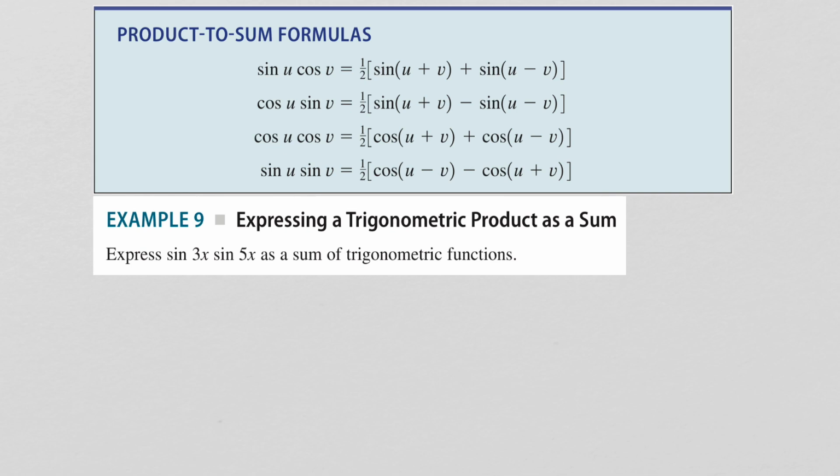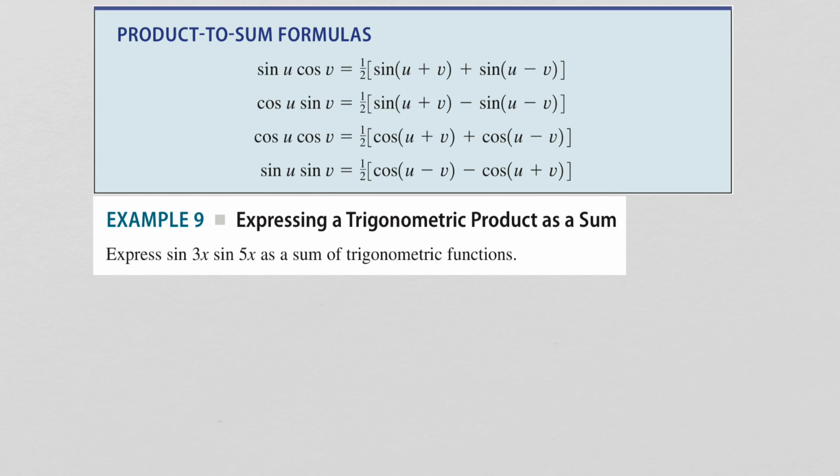But basically, these are useful in taking the product of a sine and a cosine, or a cosine and a cosine, or a sine and a sine, for example, and changing it into a sum of a sine and or a cosine.